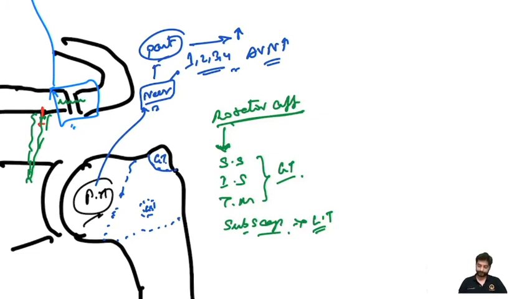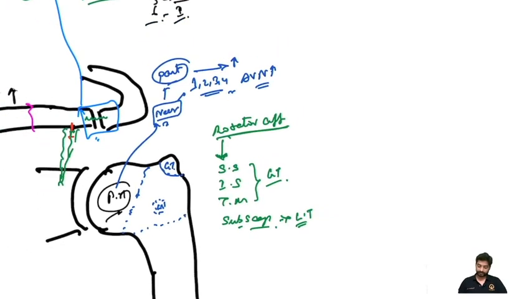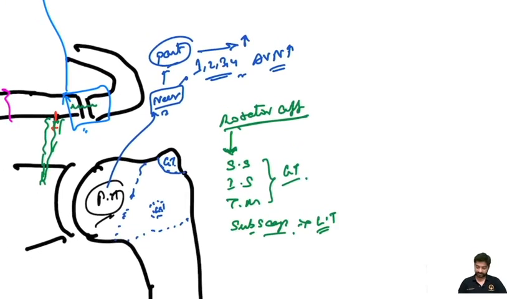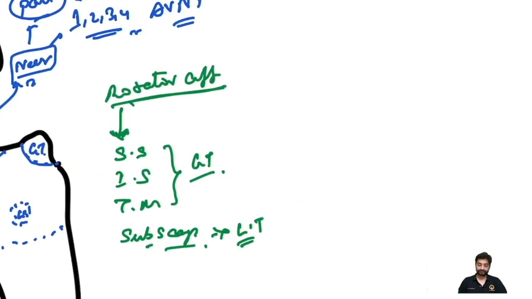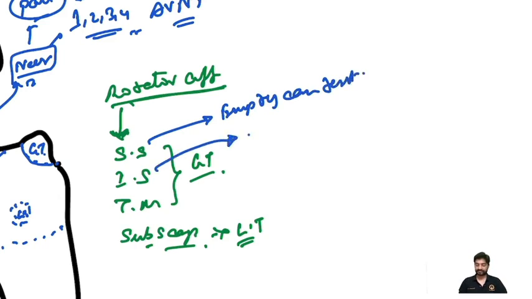Okay, as we talk about these muscles, let's test them individually. To check the supraspinatus, there is the empty can test. To check infraspinatus, there is the external rotation lag test.